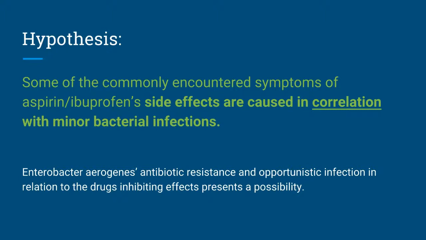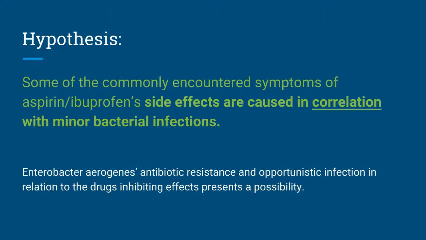What it basically comes down to is that I think the drugs have an effect on these two strains of bacteria in our gut, and together they cause the side effects.